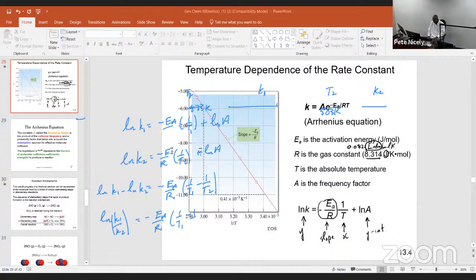Okay, so remember now, the aim of this exercise is to determine the activation energy, right? So I'm going to continue up here to see if I can do that.